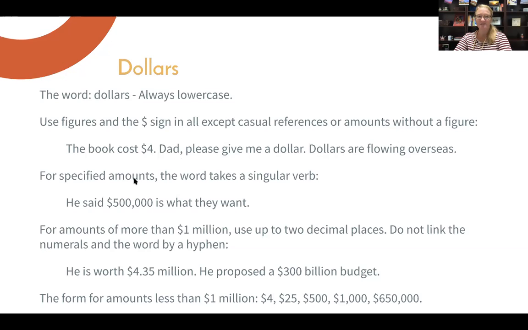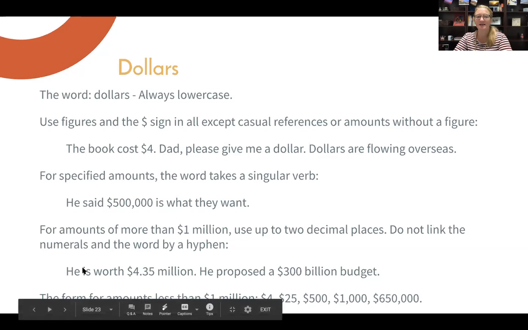For specific amounts, the word is going to take a singular verb. He said that $500,000 is what they want. Even though that's more than $1, it's not going to be are what they want. It's going to be is what they want, because you're making it into one item. For amounts more than 1 million, use up to 2 decimal places, but do not link the numbers and the word by a hyphen.